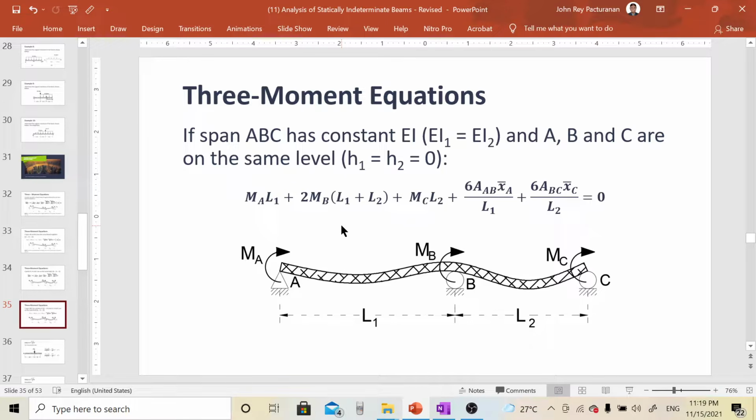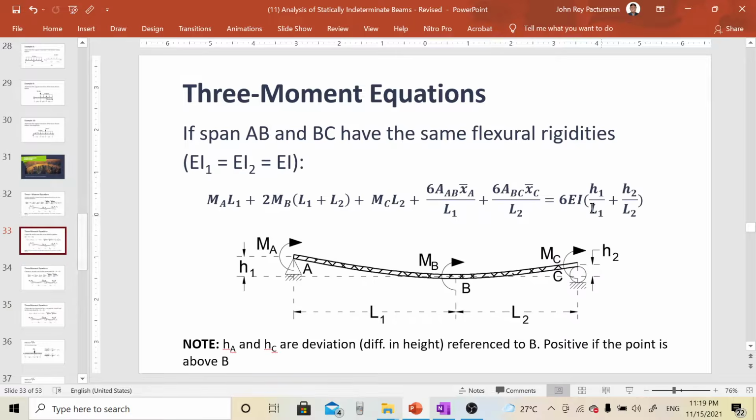In reality, supports are really leveled. Although, I'm not sure, maybe your own professor can give you mind-blowing problems where the support has displacement. That is covered by the second formula.